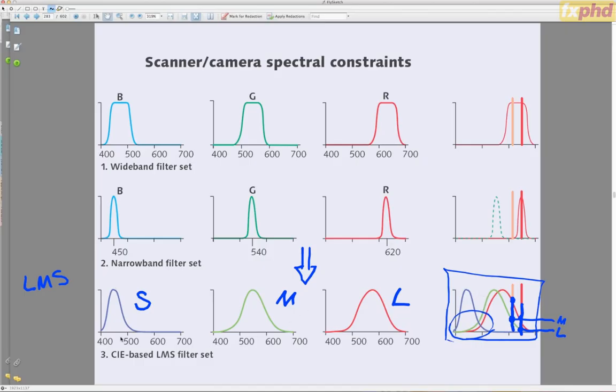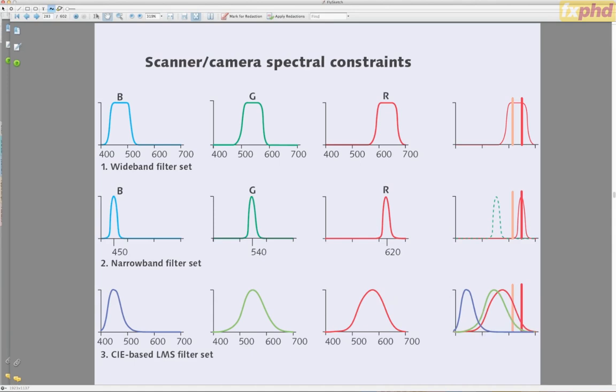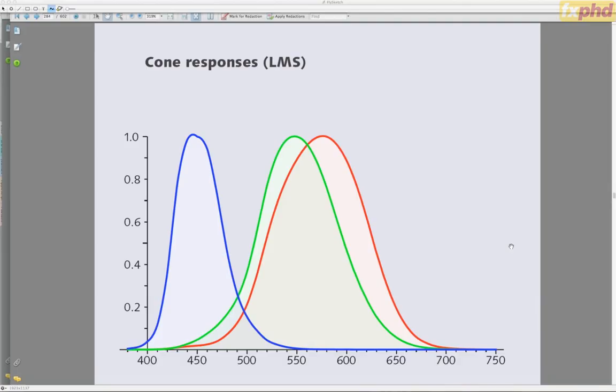Now, let's talk about these in terms of camera sensitivities. And the first thing you think is, well, I'll just build a camera, I'll use those curves. In principle, in theory, that would be fine. And that would be a camera that delivers perfectly good color values. But there's a practical problem. And let me go to the next slide, which is just a magnification of those three curves.